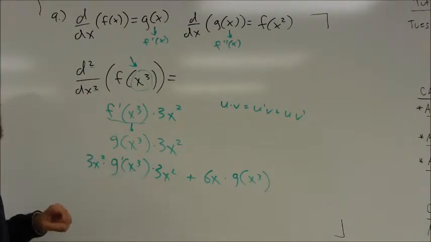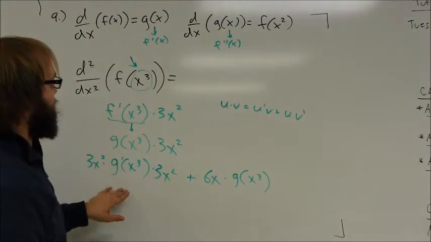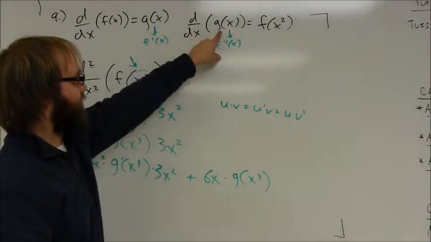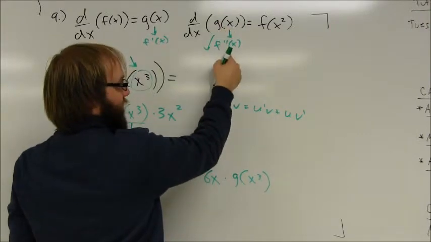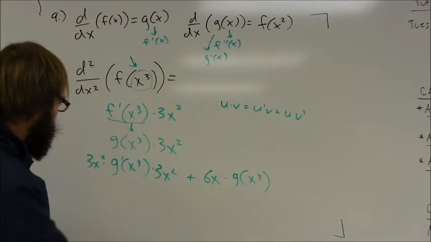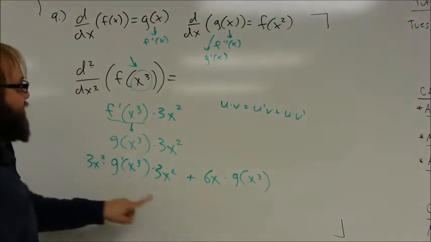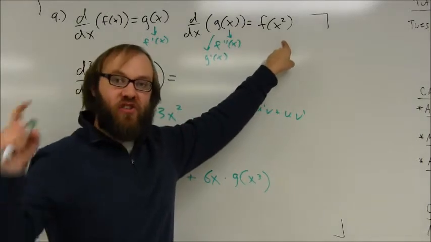Okay? Now, we've got some things here that need to be replaced. If you come back up here and you look at this, the derivative of g of x, which we could also think of not only as f double prime, it's also g prime. That's this thing right here. Notice, derivative of g of x is f of x squared.